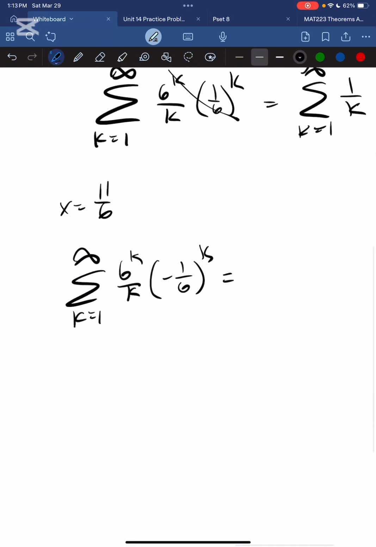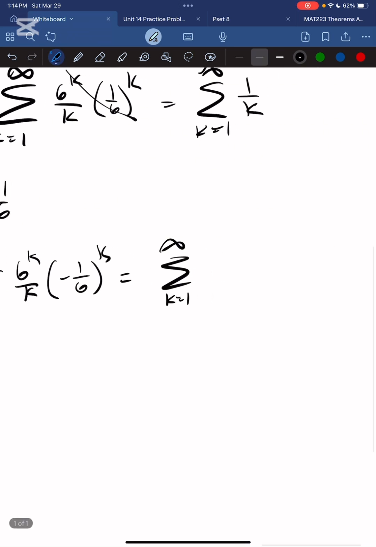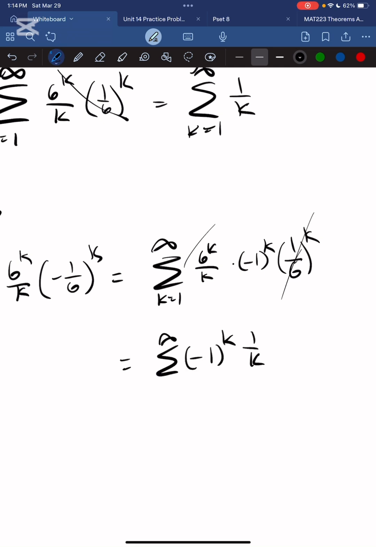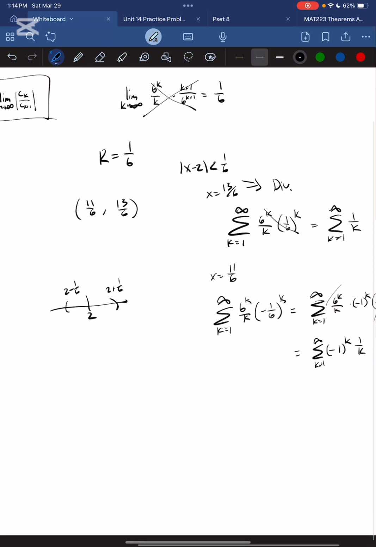We get 6 to the k over k times, we can factor out the negative 1, to just get 1 over 6 to the k, and these cancel out. And now we get again our alternating harmonic series, which we know is convergent, meaning our interval of convergence includes negative 11 over 6, but doesn't include 13 over 6.